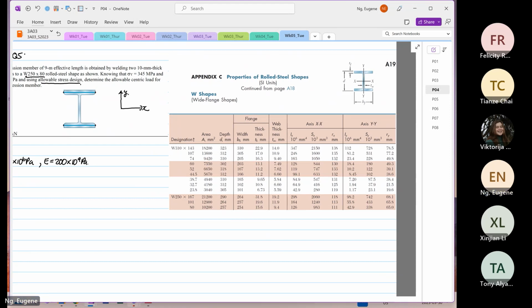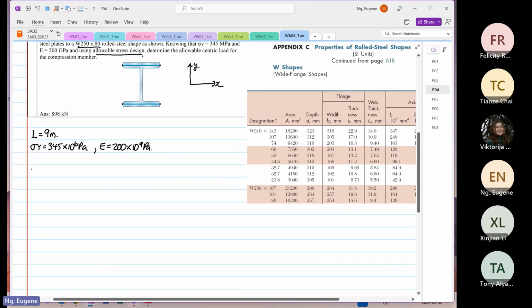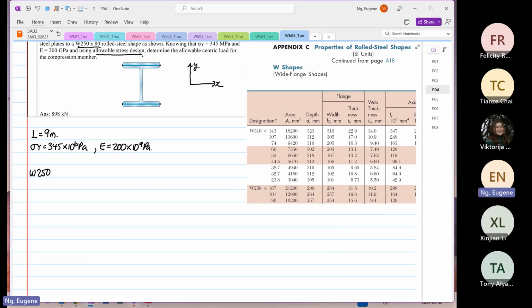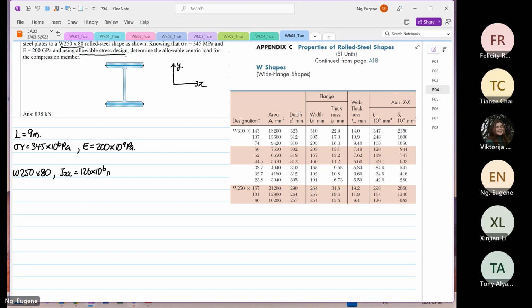Okay, so we know that W250, so we know that IXX. Based on W250 by 80, IXX is equal to 126 times 10 to the power 6 millimeter to the power 4.